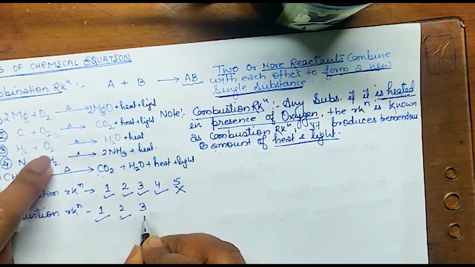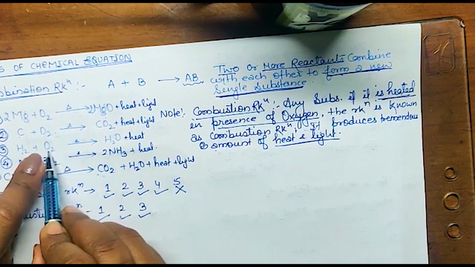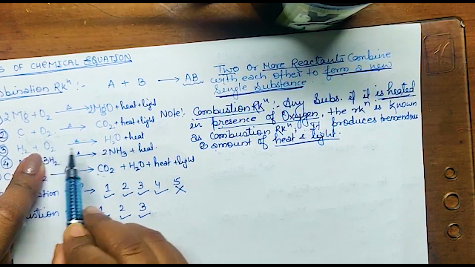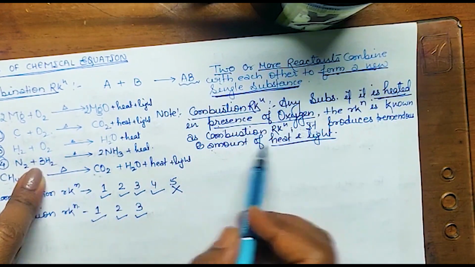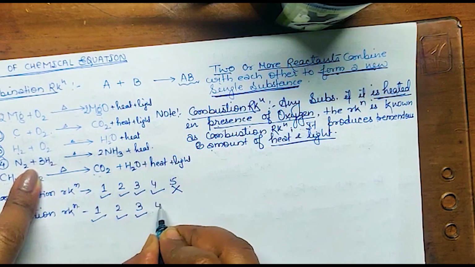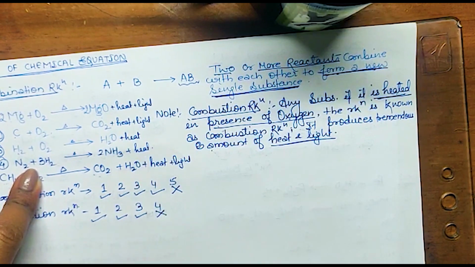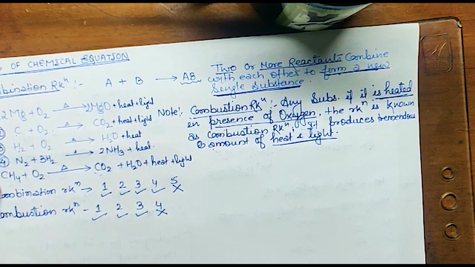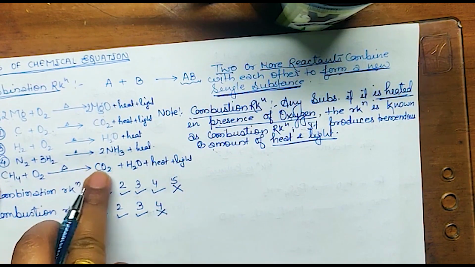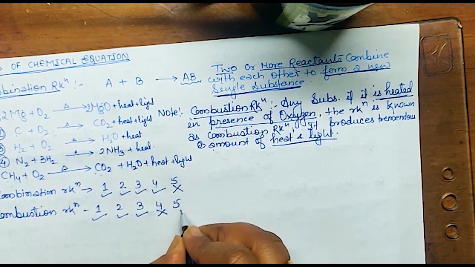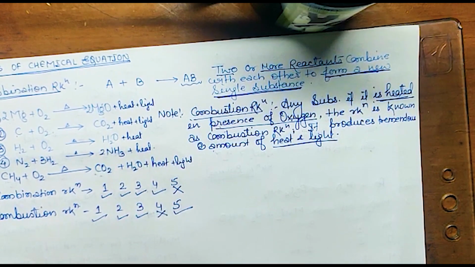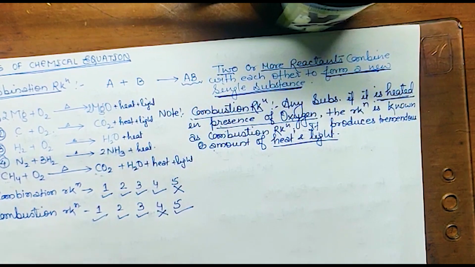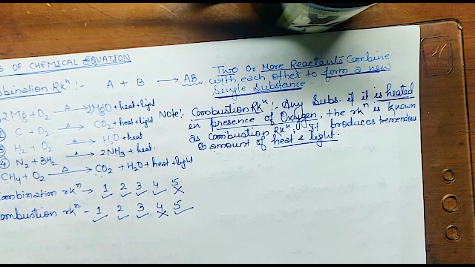Equation 3 is combustion, yes, it is also burning in presence of oxygen. Equation 4, is it a combustion? No oxygen is there, so equation 4 is not a combustion reaction. What about equation 5? Yes, oxygen is there, burning is there, heat and light is there, so combustion. Got it? So I think it is clear: combination and combustion are two different things. One is combination, another is combustion reaction. So you have to learn it.